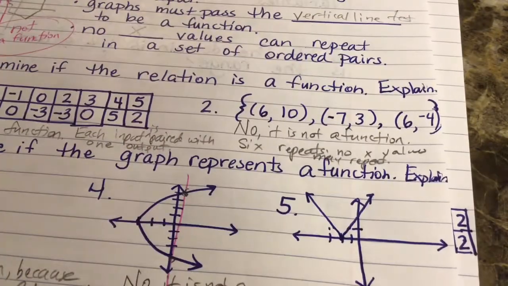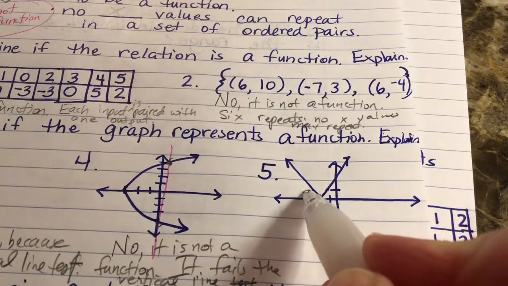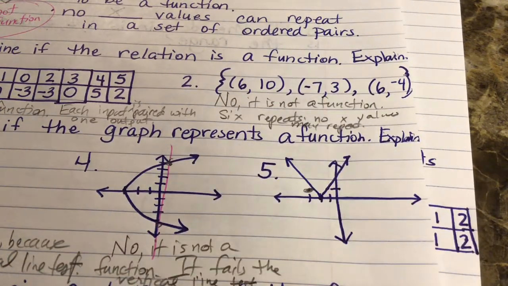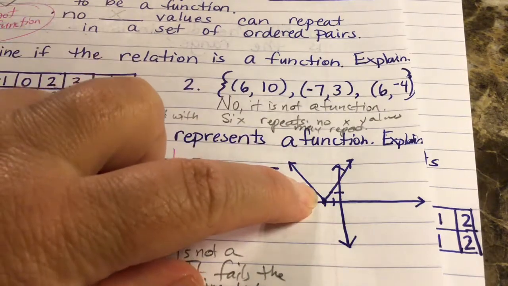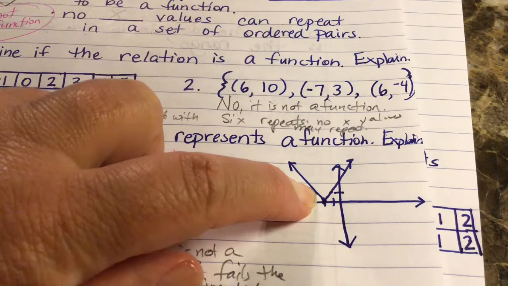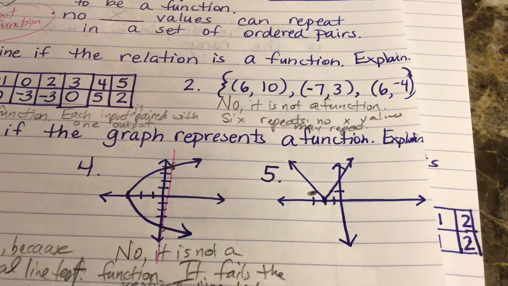Okay, my last one, what do you think? Yes or no? Oh, and by the way, this dot is not part of my graph. And that's what I get for not writing in a pencil when I drew that graph. So that dot is not part of the graph. Is that graph a function? Would it pass or fail the vertical line test?